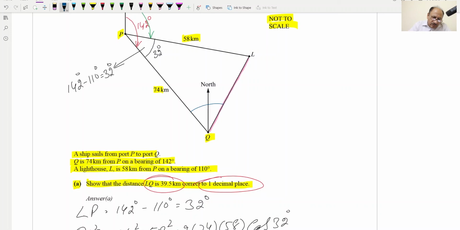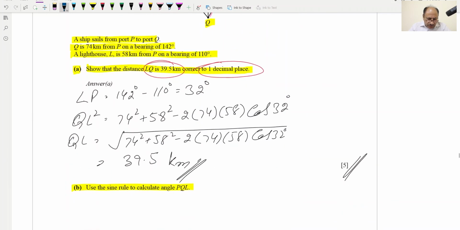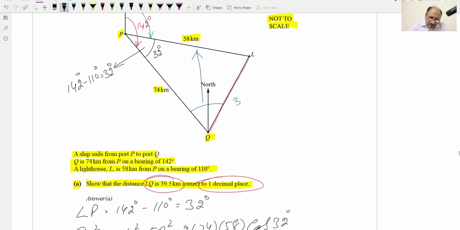So opposite of this angle we can use this side, and what else we can use? This side QL we have just calculated, which is 39.5 kilometers. So we have this side, so we can use the opposite angle also. So these two we will be using.